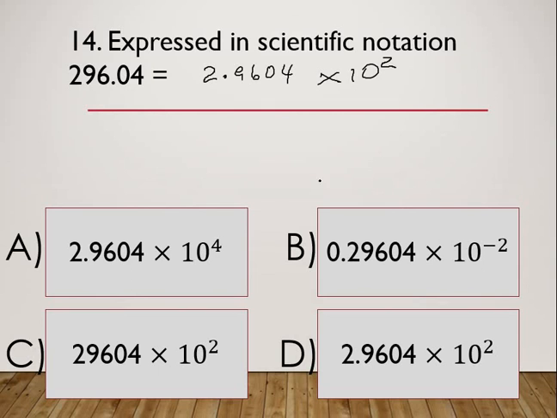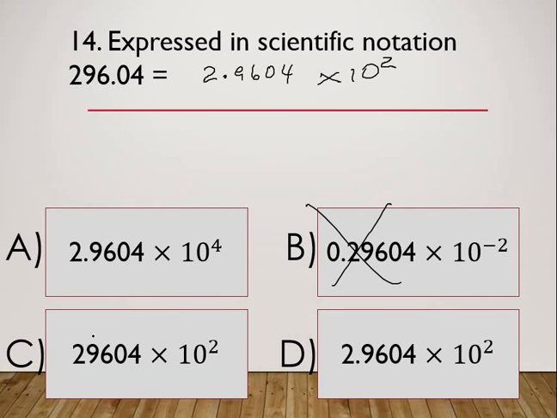Now if you look at these, this one is definitely out because the original number did not start with 0, so the power cannot be negative. If the original number started with 0, then the power would have to be negative, but that's not the case. These are all positive, so that is out.